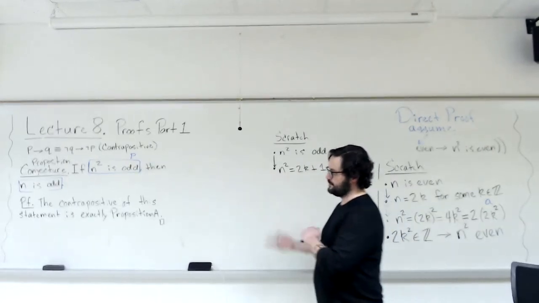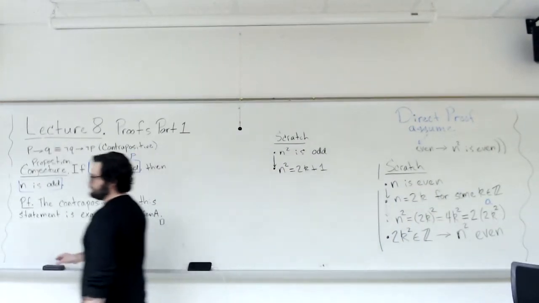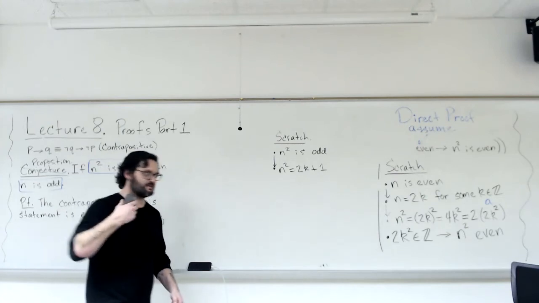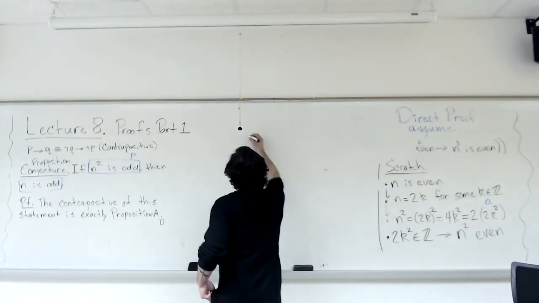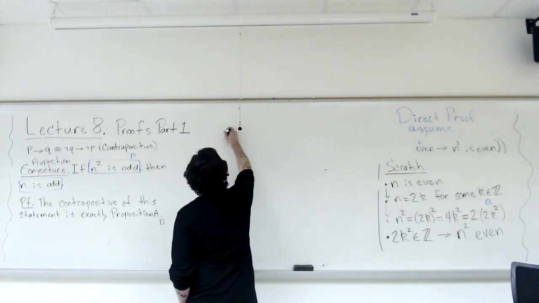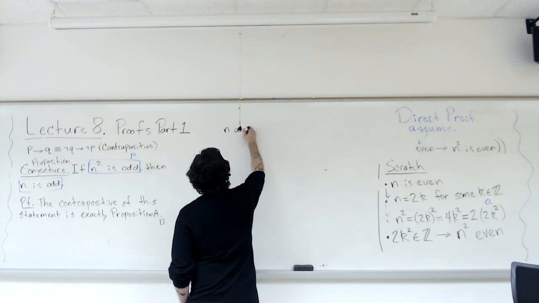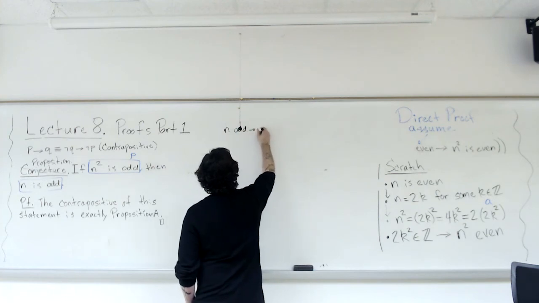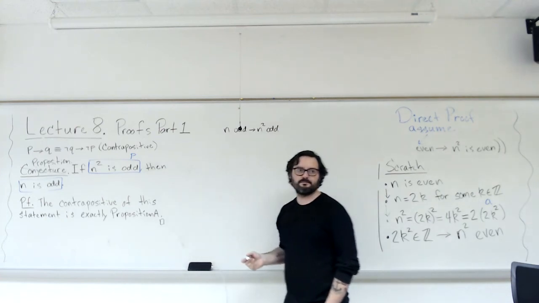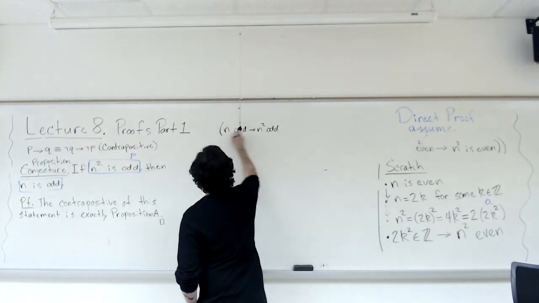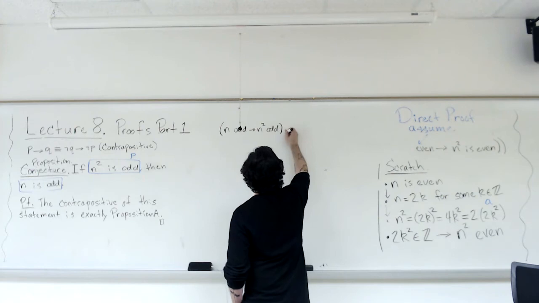Now, there's something kind of important to understand about what this means for us. So what do we know? N odd implies n squared is odd, right? We proved that as proposition B. But then that's always true.